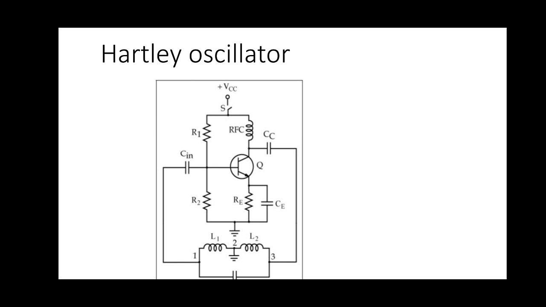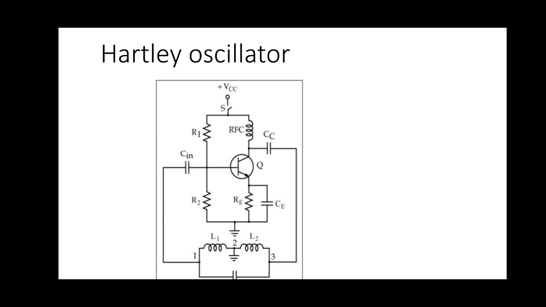The amplifier has to have proper positive feedback, total phase shift 0 degrees, and loop gain A beta equal to 1. We already know the overall feedback gain AF equals A by 1 plus A beta, where A is the open loop gain and beta is the feedback gain.